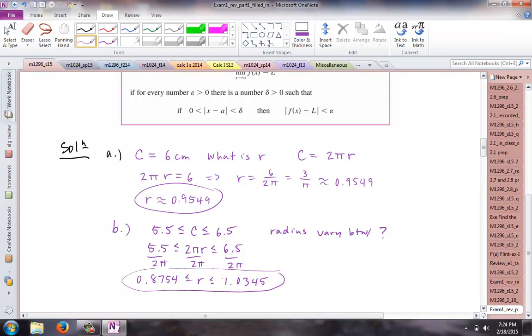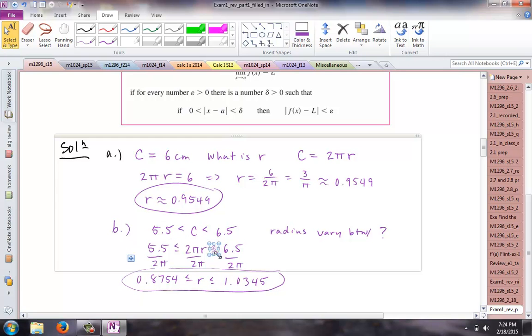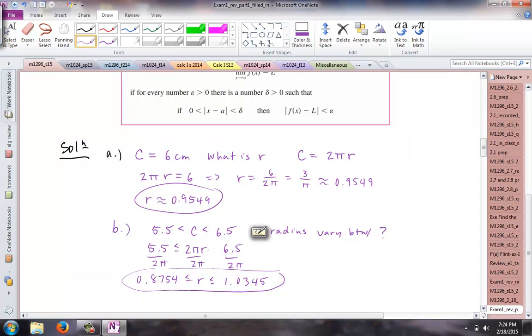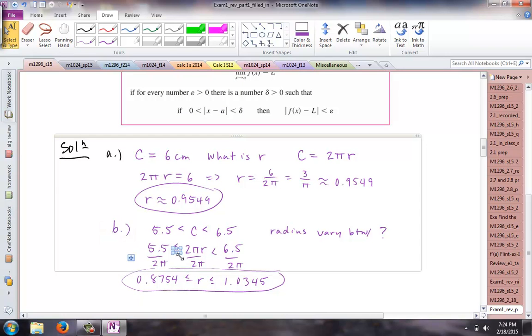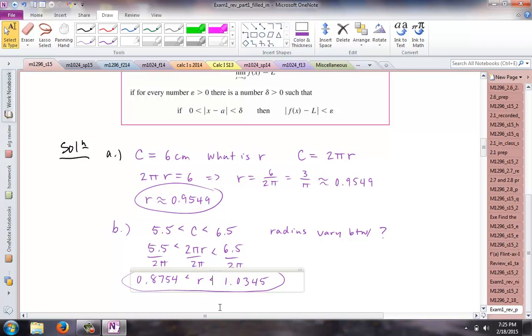So vary between, what I'm saying is strictly I should probably have it without the equals here. So I'll just get rid of those now that I realize I was being sloppy. But yeah, you won't have to worry about that for the test. If you're a little sloppy with that part, it's okay. Other questions?